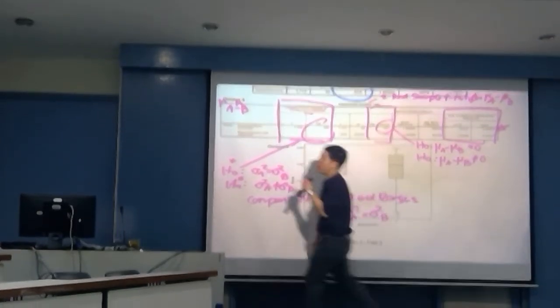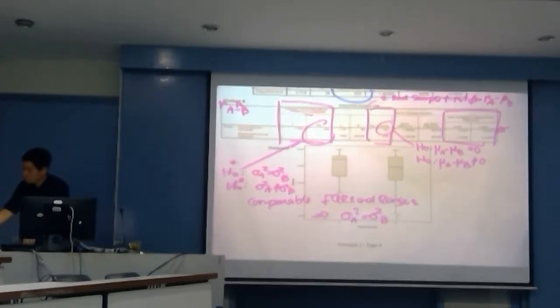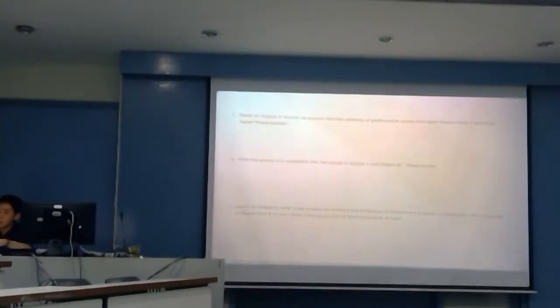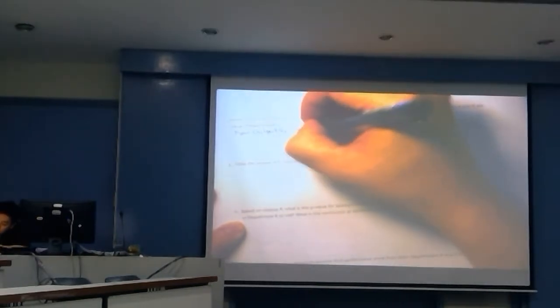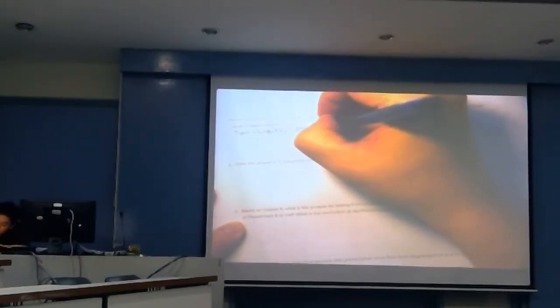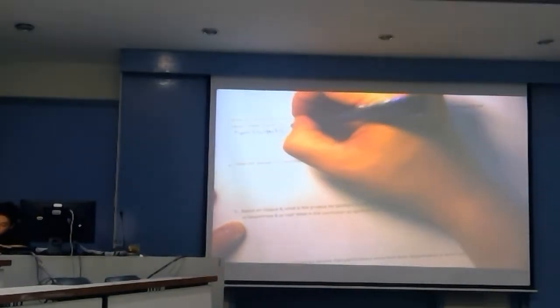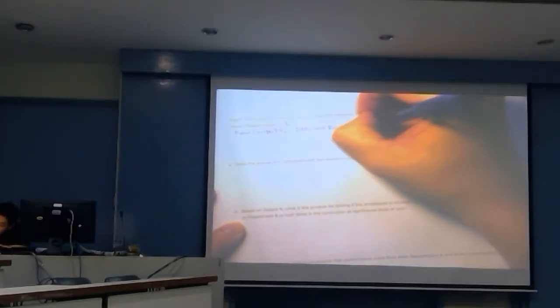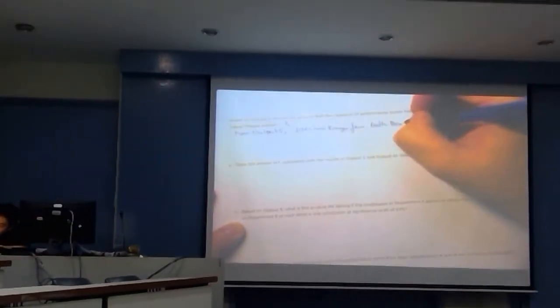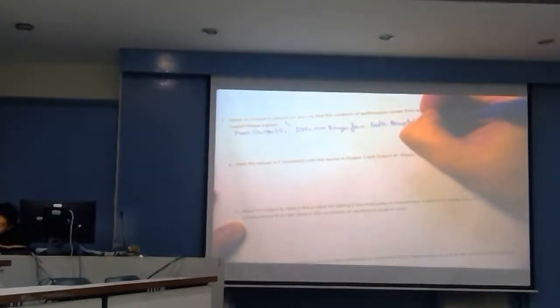So in this one I would write something like, well, based on output 5, IQR and range from both box plots are comparable.